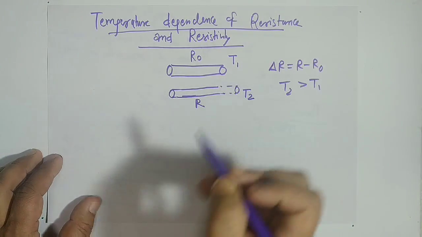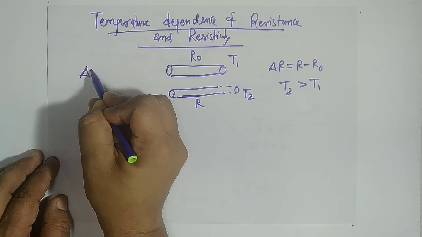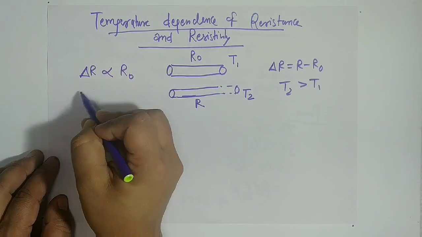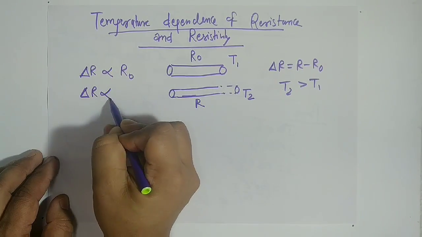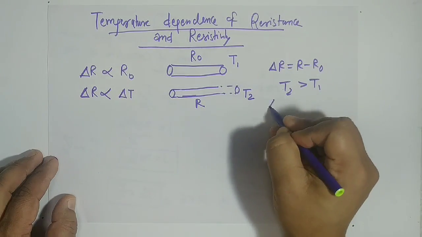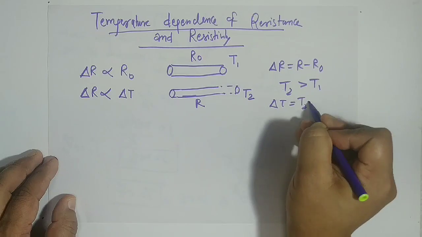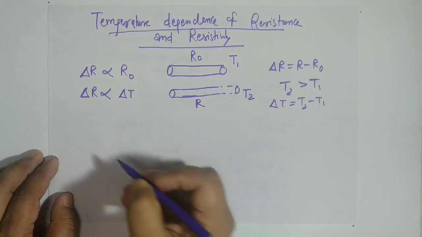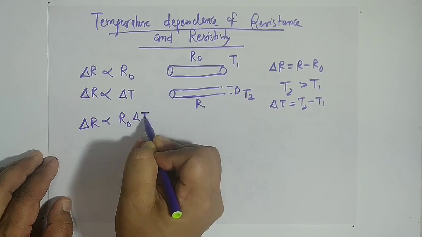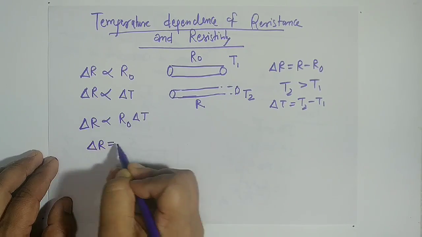Remember, delta R is directly proportional to R0 initial, and delta R is directly proportional to what? Delta T. What is delta T? It is T2 minus T1. This is the increase in temperature. Then delta R is proportional to R naught delta T. If you remember, there will be a constant alpha.